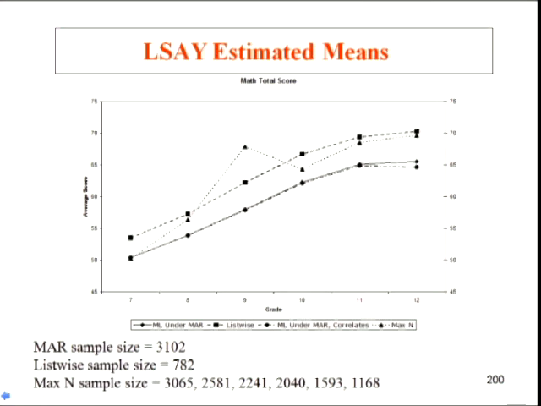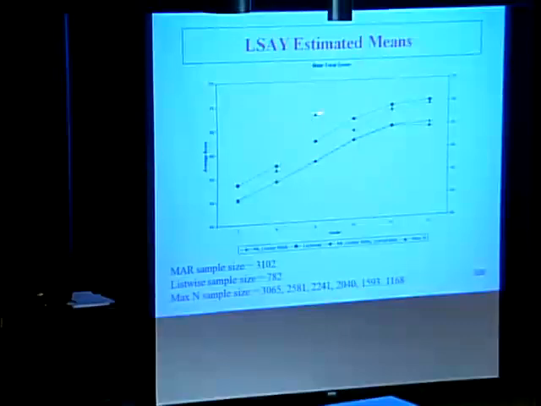This is how high it is if you use everybody who has observations on math score at grade 9. If you use listwise deletion, it comes down. And if you use ML under MAR, it comes down further. So let's think about that for a second.